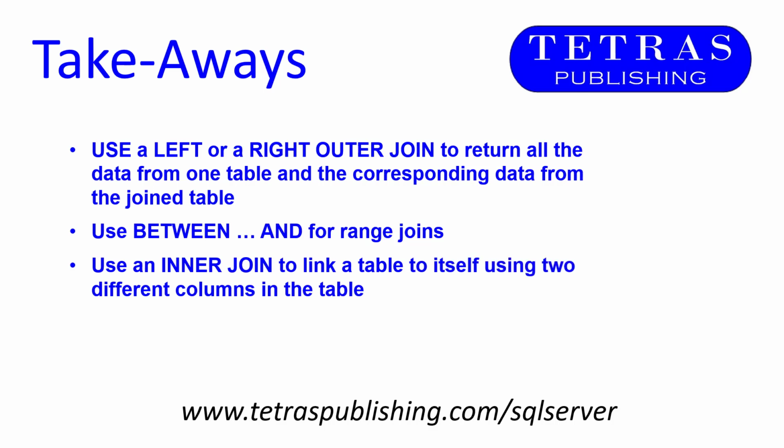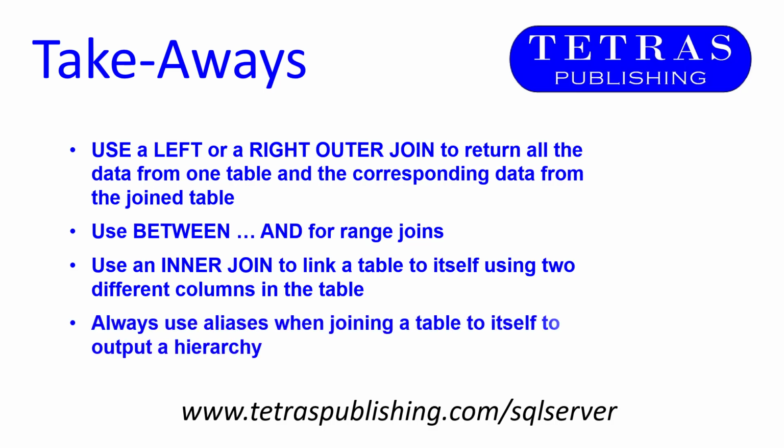You then saw that you can actually link a table to itself using an inner join. This is normally used when you want to represent hierarchical information. And when joining tables to themselves, you must always use aliases to refer to what are in effect 2 table joins.